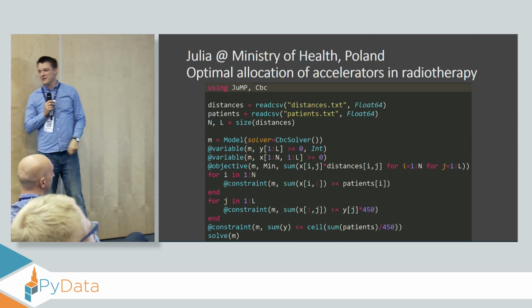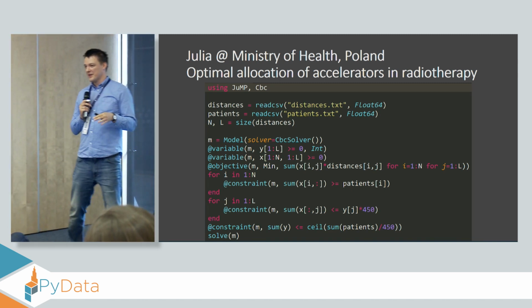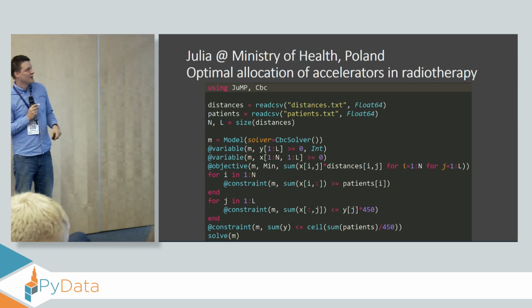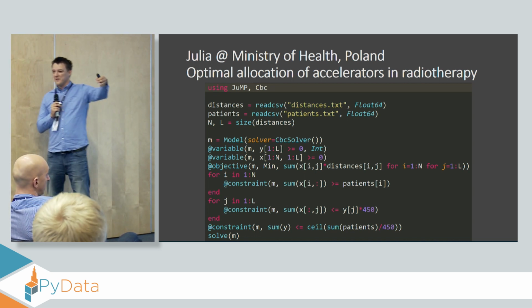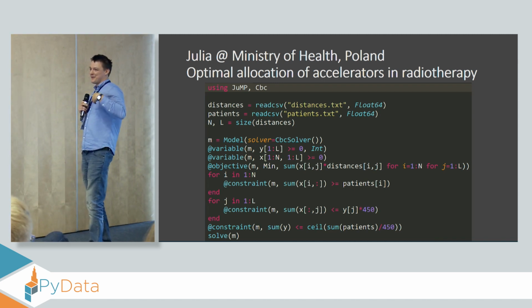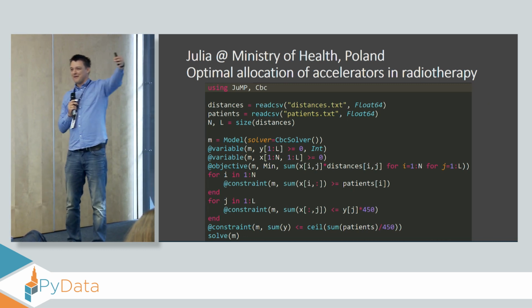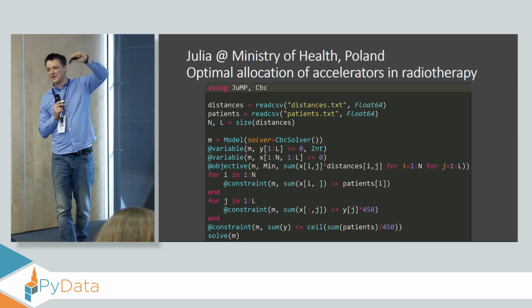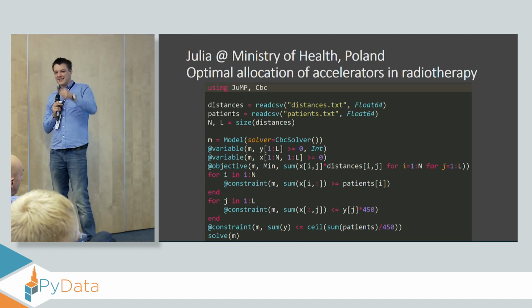How did Julia allow me to reduce this code? If anyone was doing optimization in any language, of course not very simple optimization, but more complex problems, you know that the real problem is that you have to transform, and this is what I hear on every talk, you have to transform your problem into matrices. The objective function must be a vector. You have a matrix of coefficients for constraints and a vector of right-hand sides for the constraints.